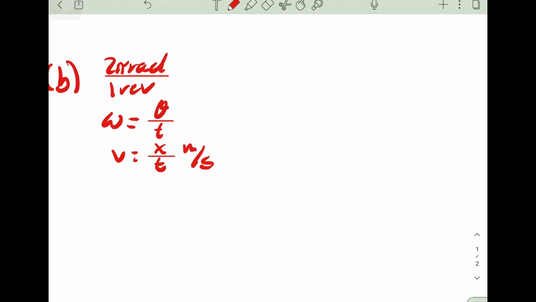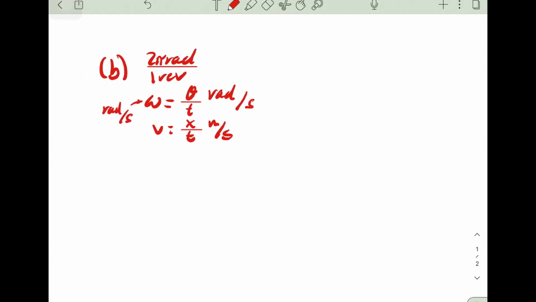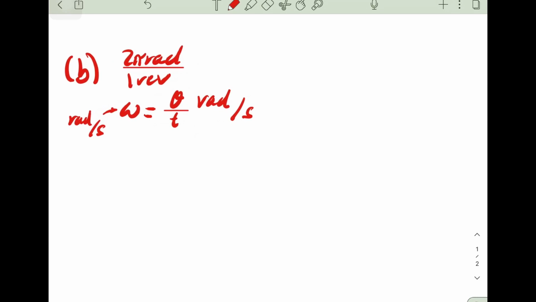You can base it off of the units too. Same thing here. The units for angular displacement is radians, and the time is the same thing. So it's radians per second, which is the units for angular velocity. It's crazy how they all go together.